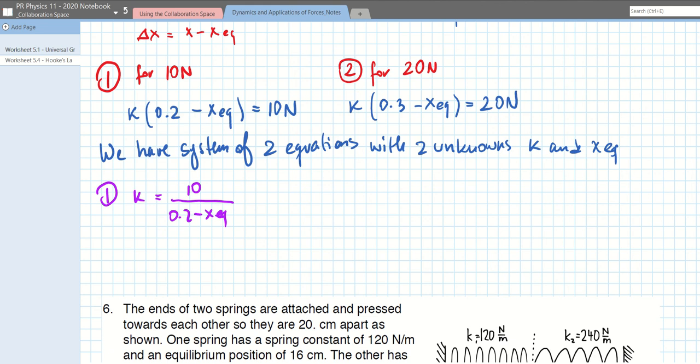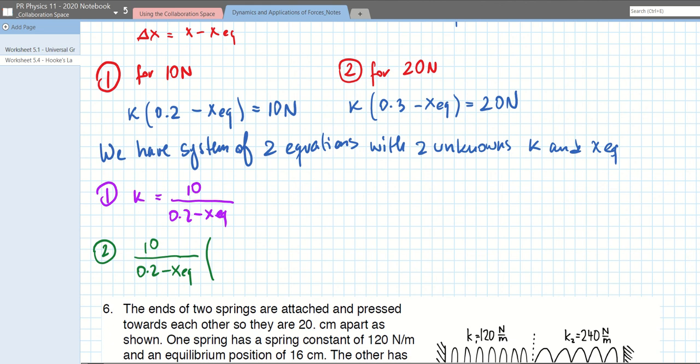This might take a few steps, but let's take our second equation and plug it in without changing anything. So in our equation 2, we're going to take the value for k and replace it in. So again, our k now is 10 over 0.2 minus x eq.